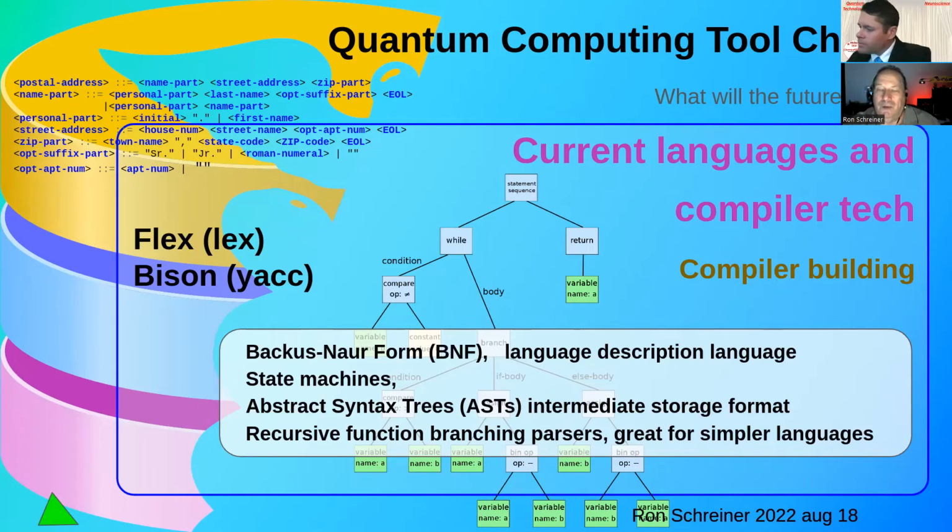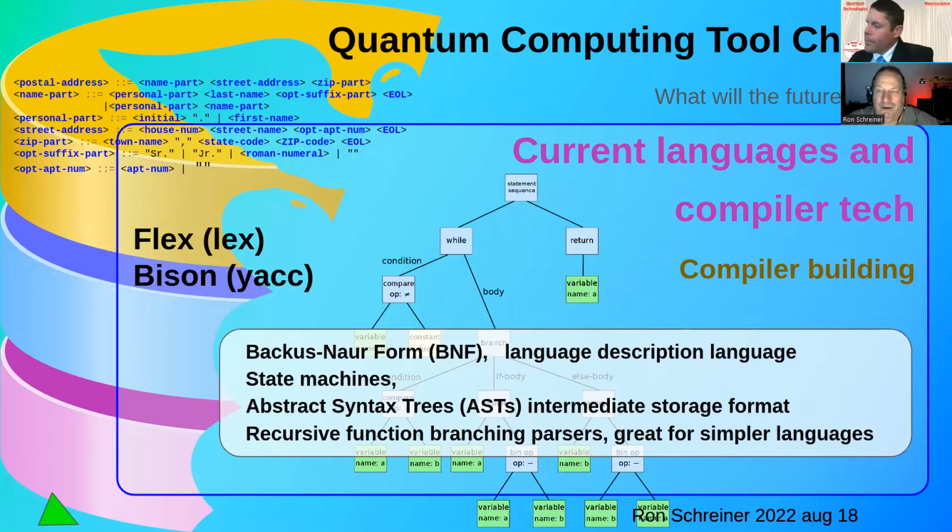Okay. In the upper left corner is a sample of BNF. And if you guys can read the first line, it basically says a postal address is created by a name part, a street address part, and a zip part. And each one of those parts also has rules to define what a name part is.